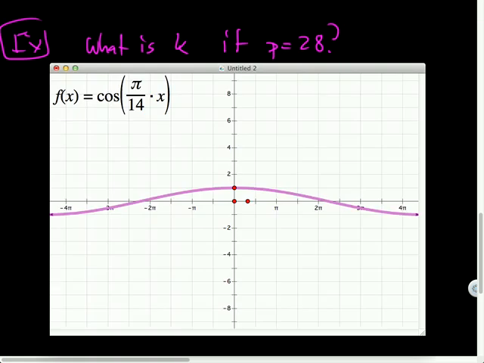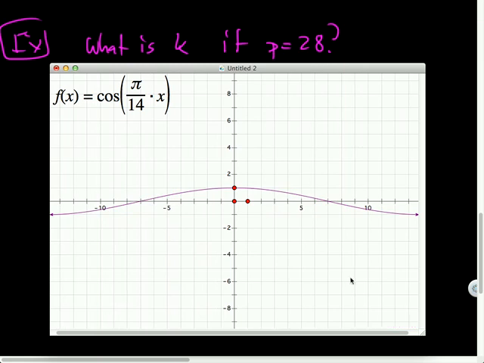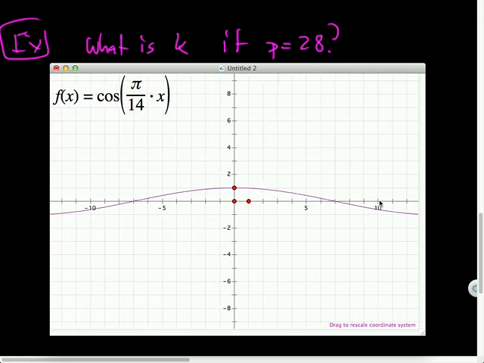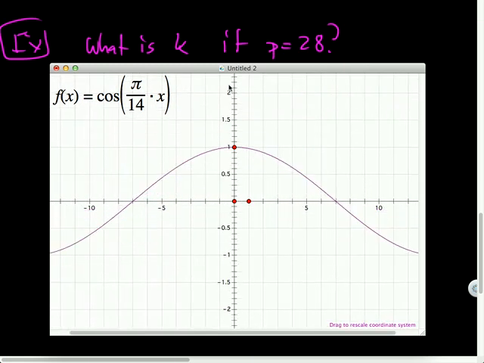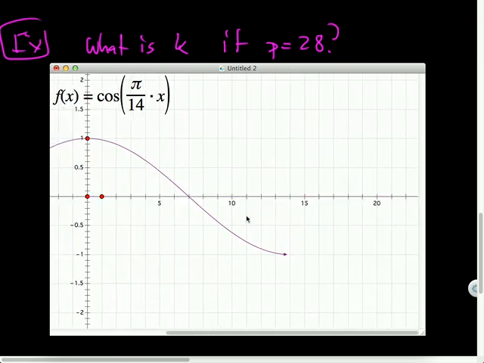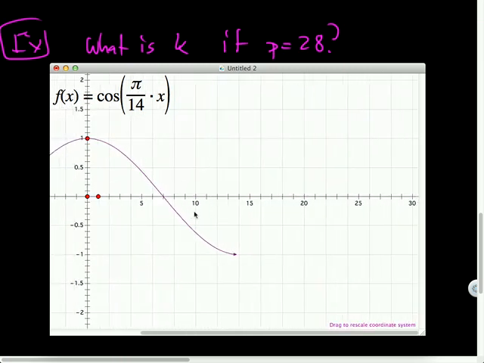Yes. But I think I want to change the graph to a non-trigonometric axis. And there we go. All right, and I'll regraph it. So notice the period actually ends up being 28, which is a completely regular integer, not some weird like 17 pi or something like that.